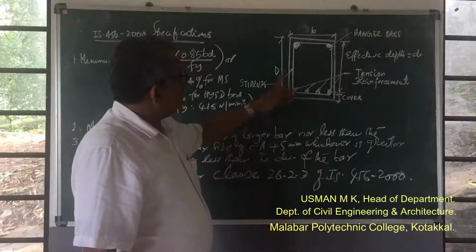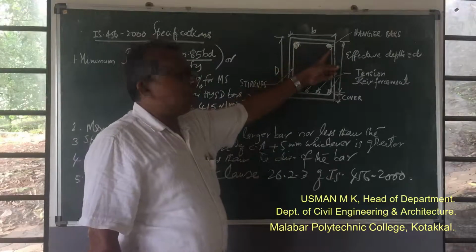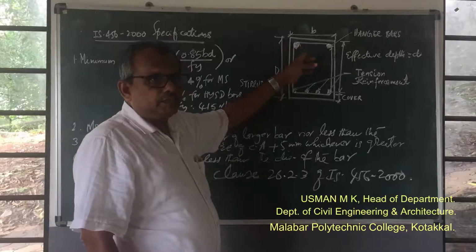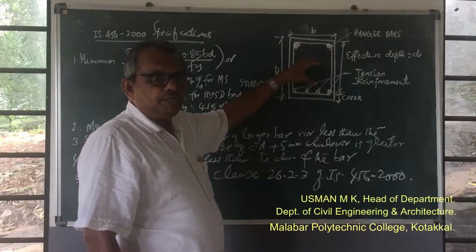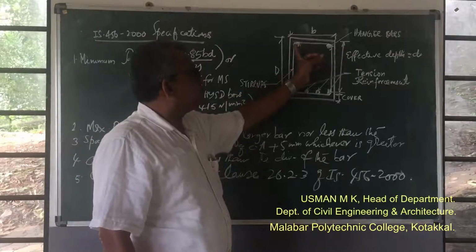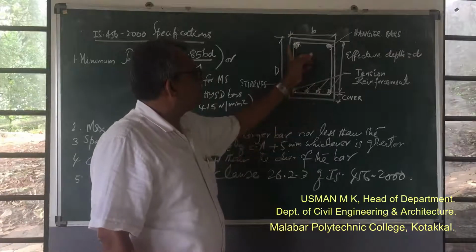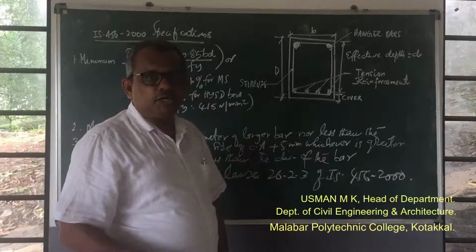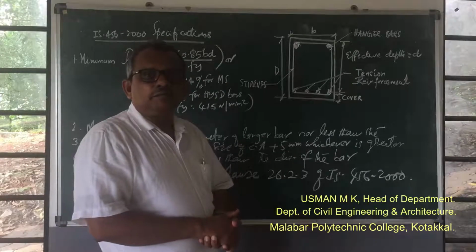And at the top, you can see hanger bars. Actually, these two bars are not provided to resist the bending moment, but as holding bars, they are provided at the top for holding the stirrups. What is a stirrup? It is a shear reinforcement. We have studied two actions on the beam, bending moment and shear force.